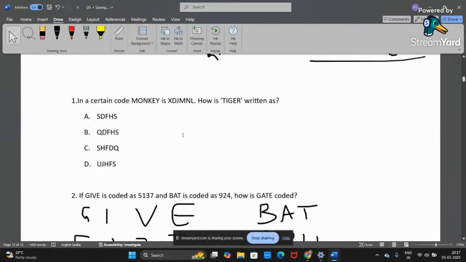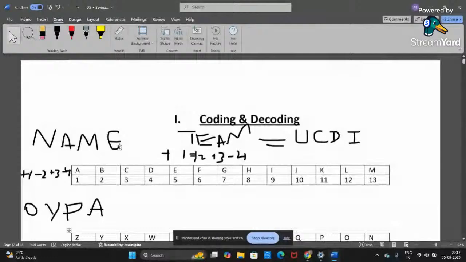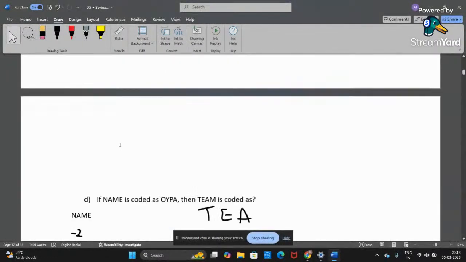I had told you to find out the answer for the first one, right? In coding and decoding. Yes, right. We'll solve it now.